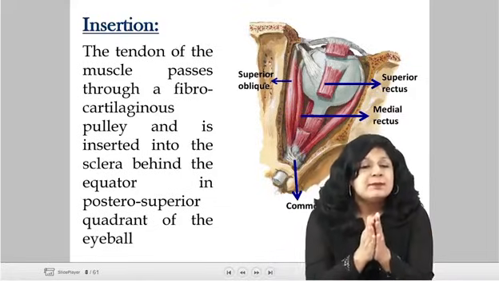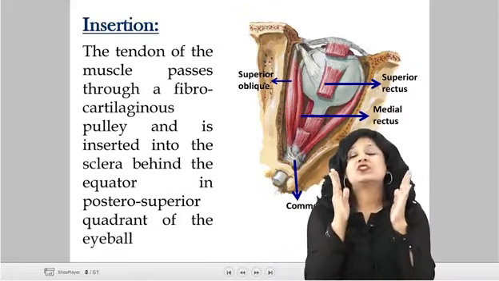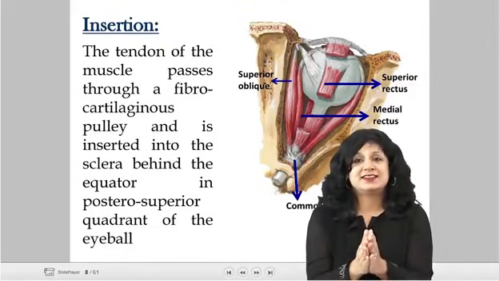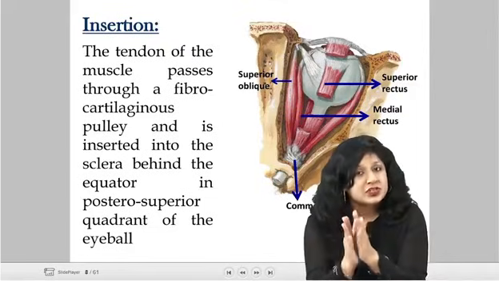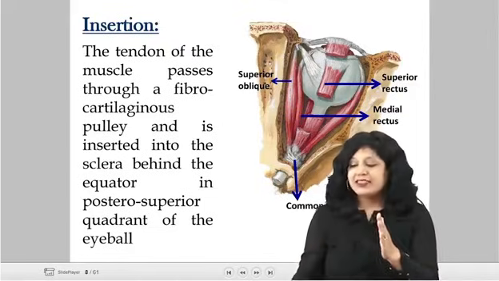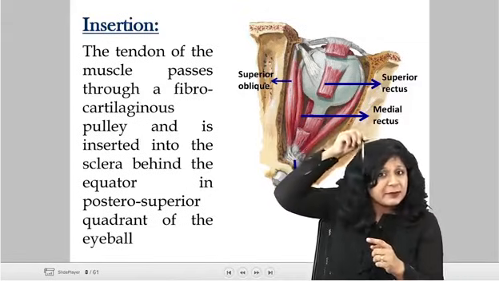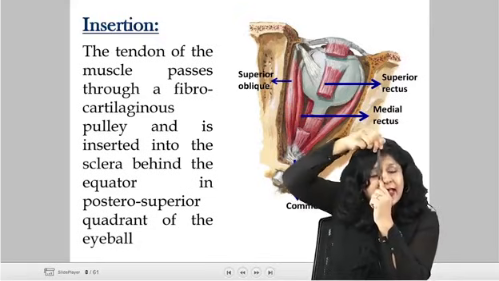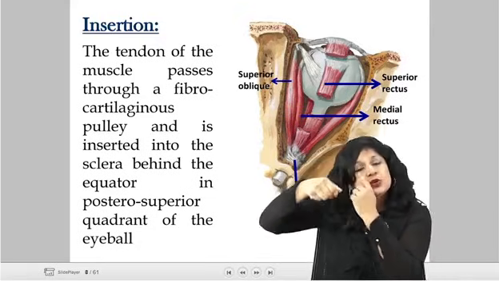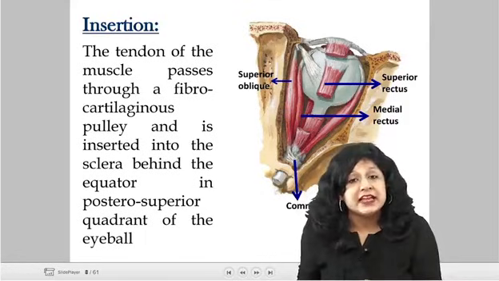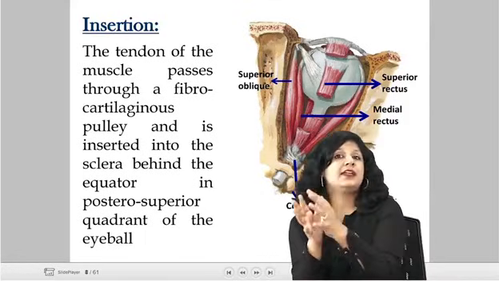But when I am talking about the oblique muscles, which are there at a large axis, their main action is the rotatory action, and they are forming the pulley and they are going backward like this. It is coming behind, then it is hooking here and going back. So these muscles are inserting posterior to the equator.